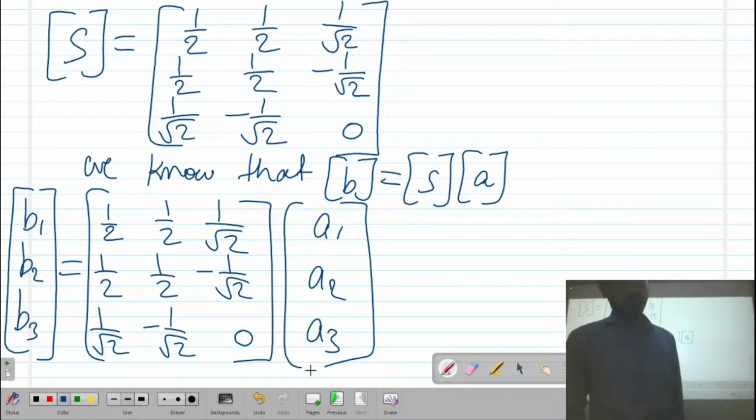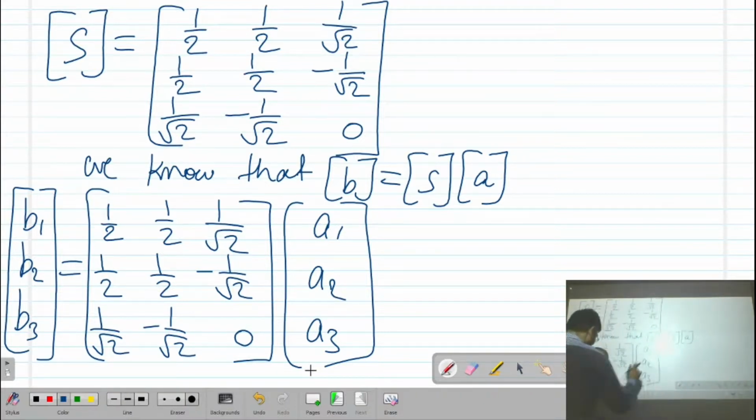This is nothing but what we have obtained by substituting the values of B, S and A.